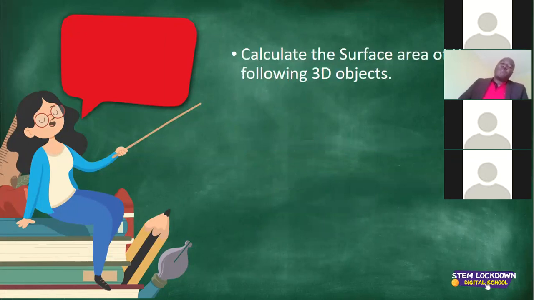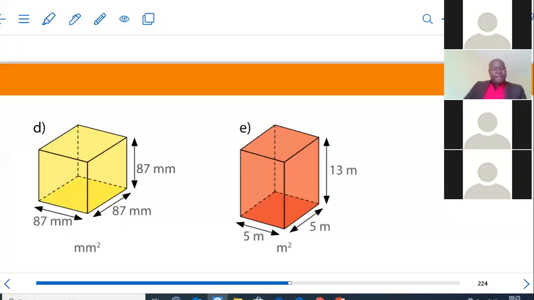Now, I want us to focus on the following, where we must calculate the surface area of the 3D object. Consider the two 3D objects there. The first one consists of three equal sides, meaning that the length is equal to the breadth, which in turn is equal to the height.